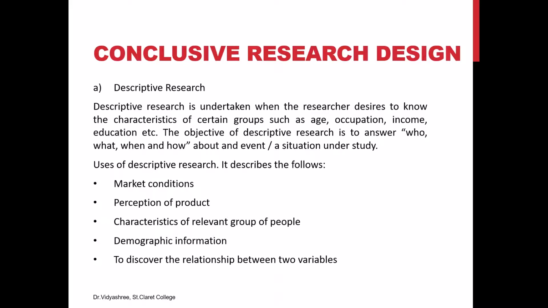Well, the descriptive research is used to describe the market conditions or the perceptions about a product, or the characteristics of a relevant group, that is the characteristics of respondents in terms of age, occupation, income, education, and the demographic information. If the researcher wants to describe the demographic information, this descriptive research is used. And also to discover the relationship between two variables, the descriptive research is used.